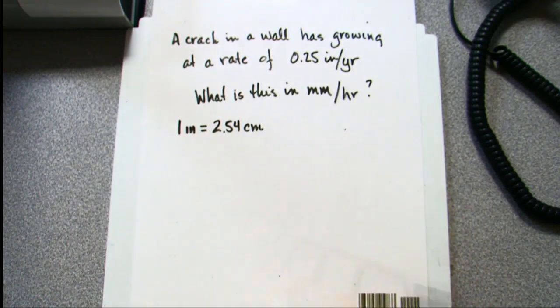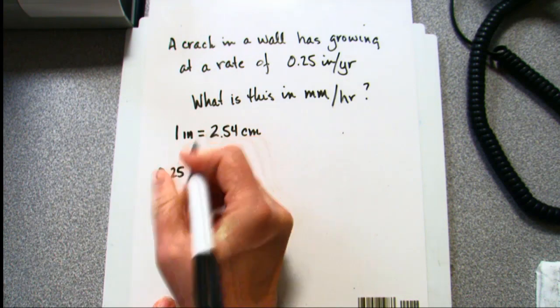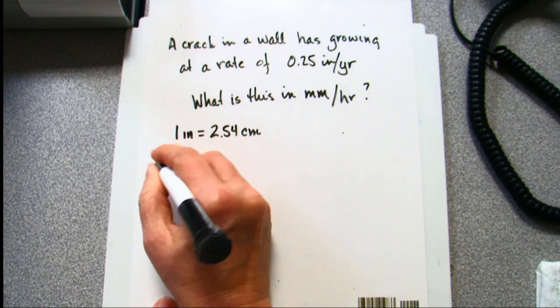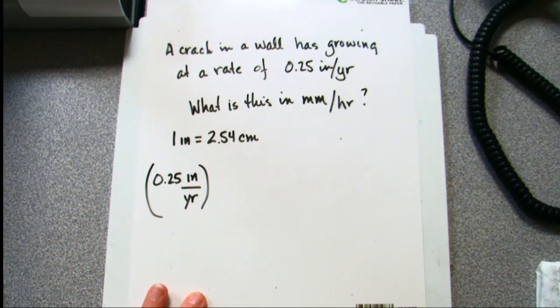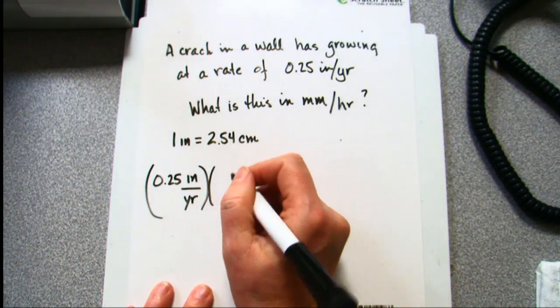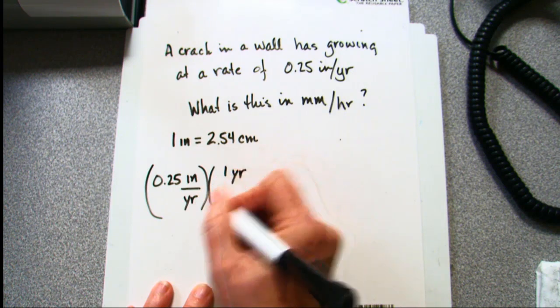All right, so we want to get that. So I'm going to start with my 0.25 inches per year. All right, and I want to end up in hours, so I'm going to do my conversion factors, right? So there's going to be 1 year, so I'm going to cancel out my years.